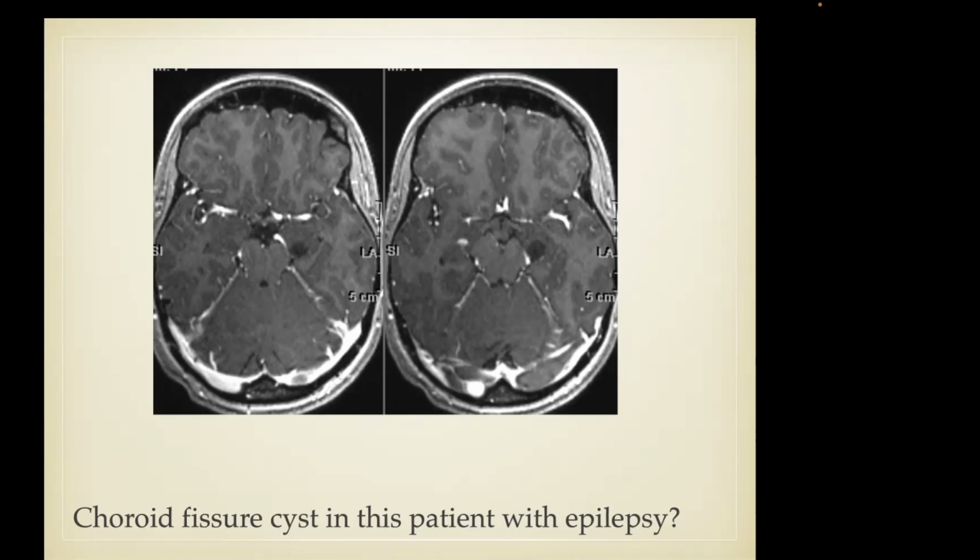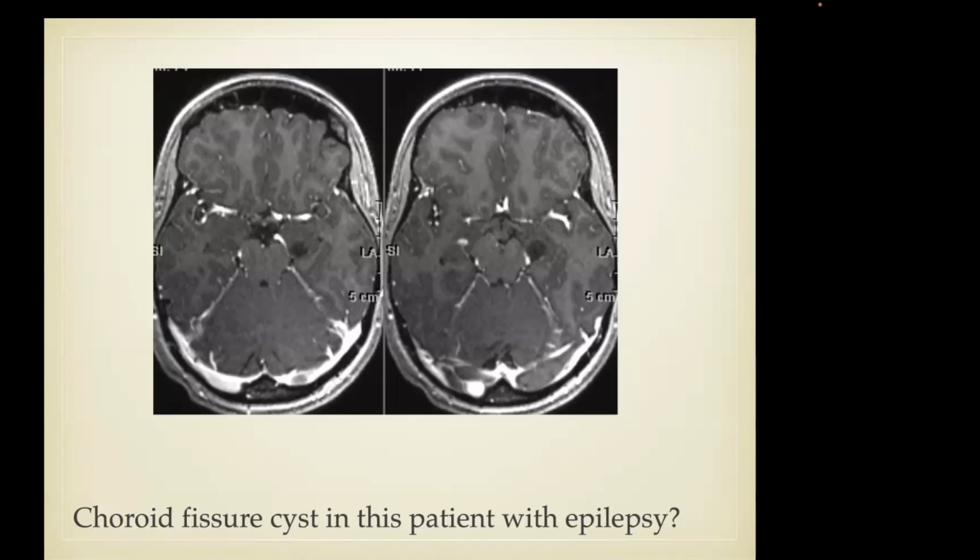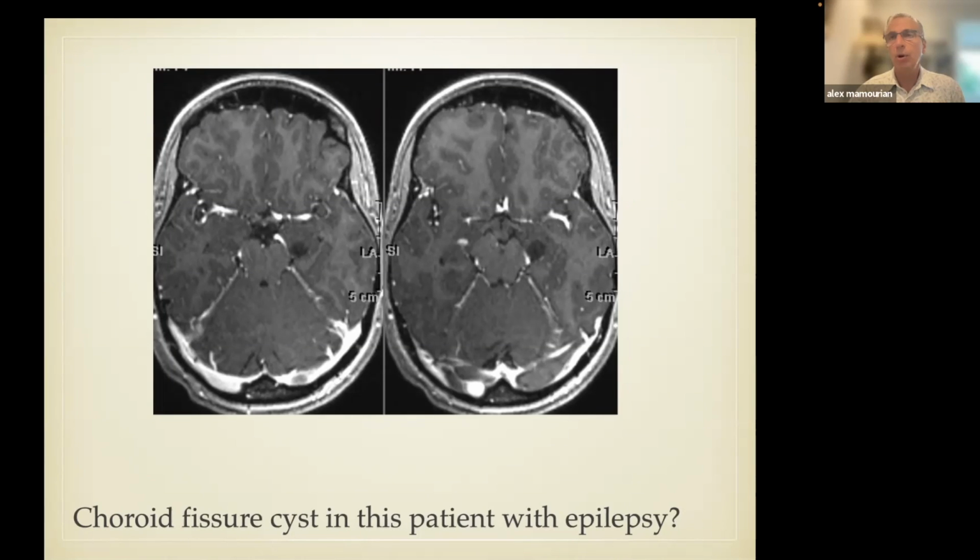But I will caution you, there is one scenario that some hospitals have moved to in patients with cancer looking for carcinomatous meningitis, and they do gadolinium enhanced FLAIR imaging. I think that is a valid approach, but fat suppressed T1 weighted imaging is also extremely sensitive for carcinomatous meningitis.